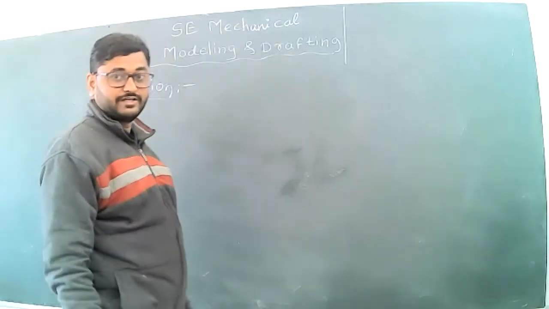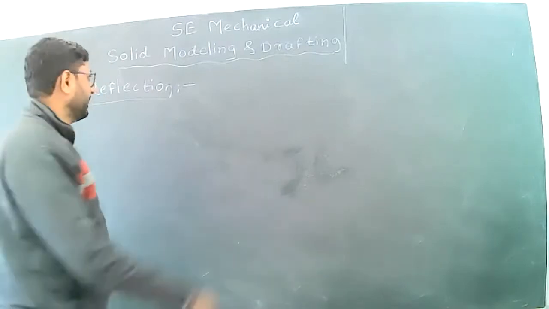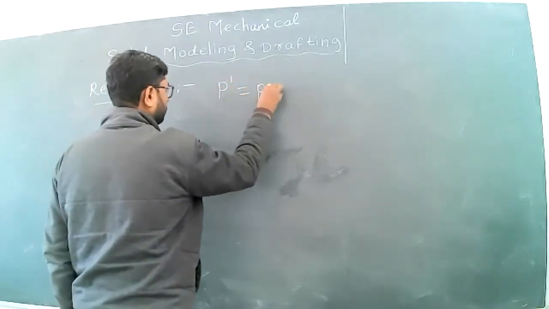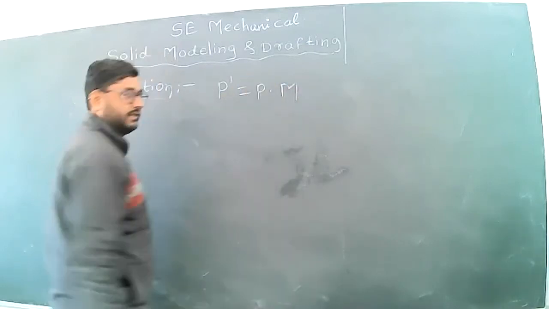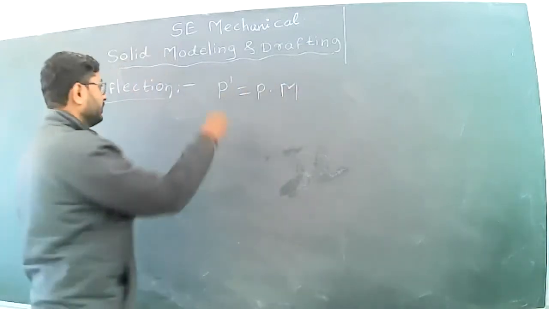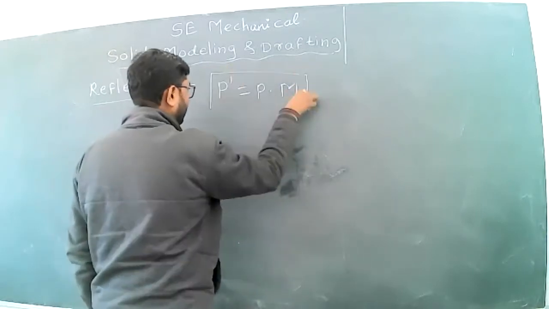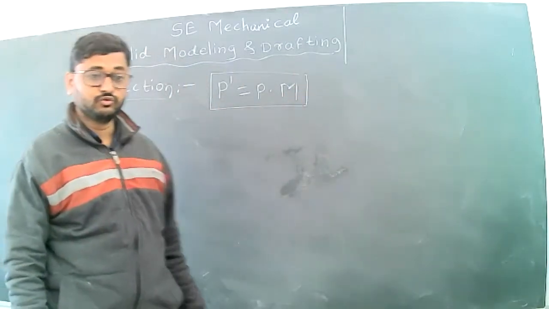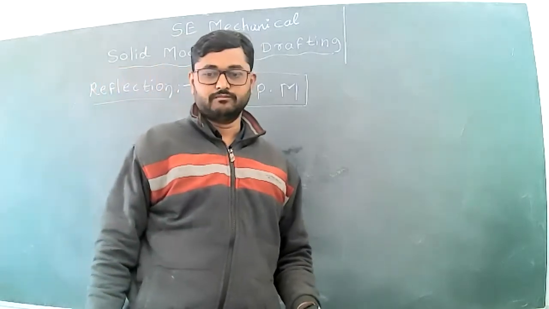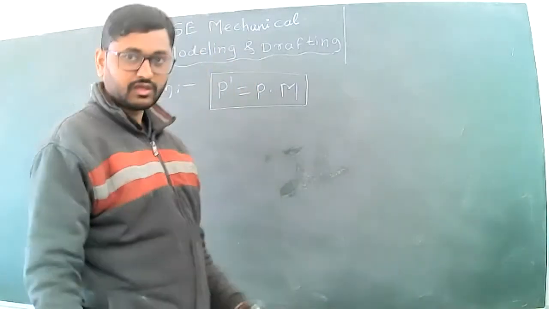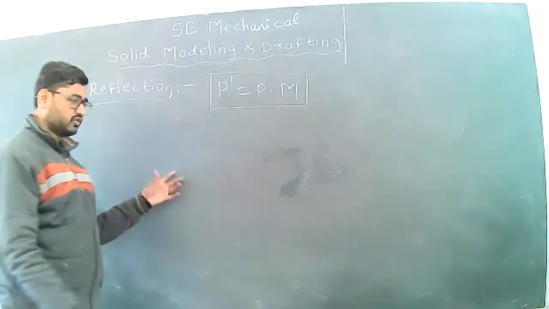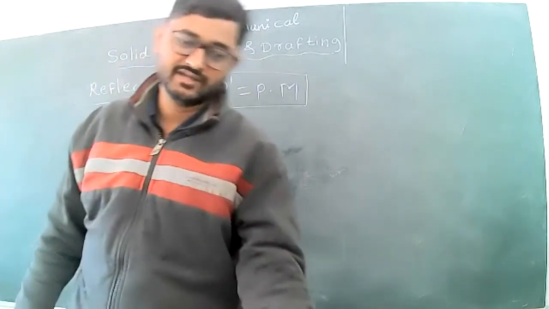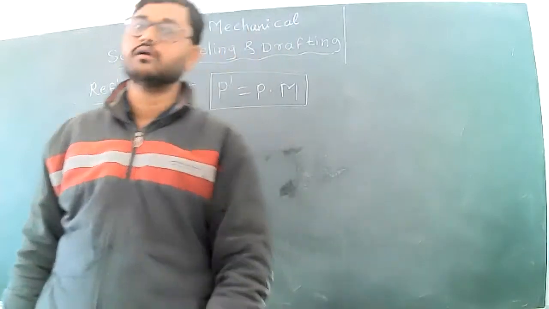The general equation of reflection is P dash is equal to P into M, and there are 4 to 5 different types of reflections. There are conditions of reflection.